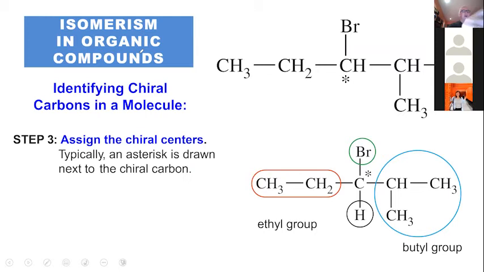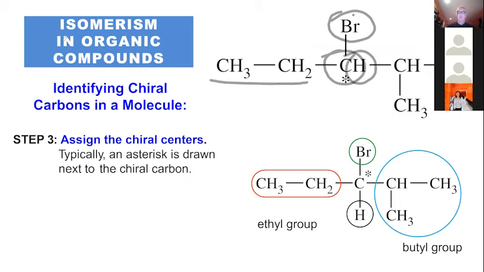If we look at carbon A, this one, we can see that it has a bromine here. There's a hydrogen here. It has an ethyl group here, and it has a butyl group there. Those are 4 different groups.